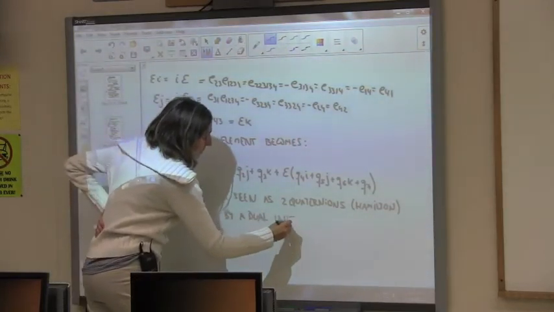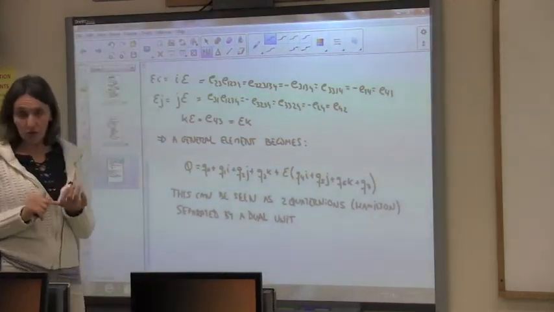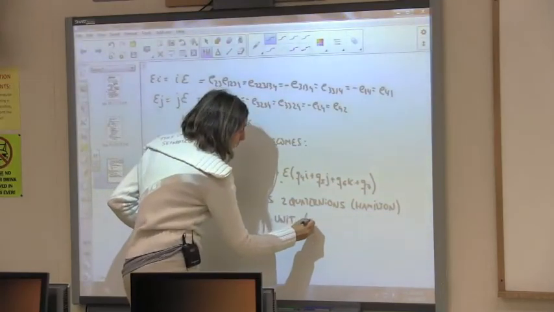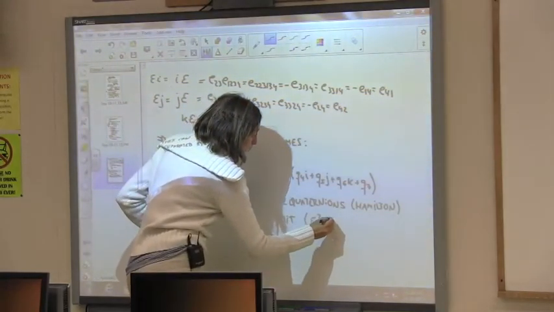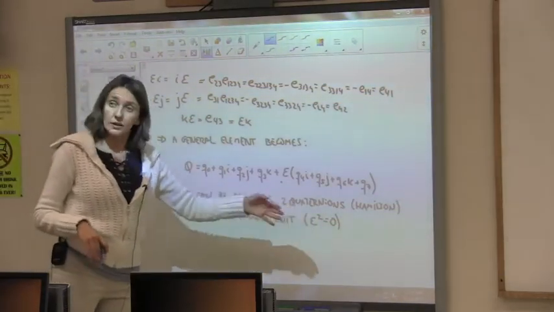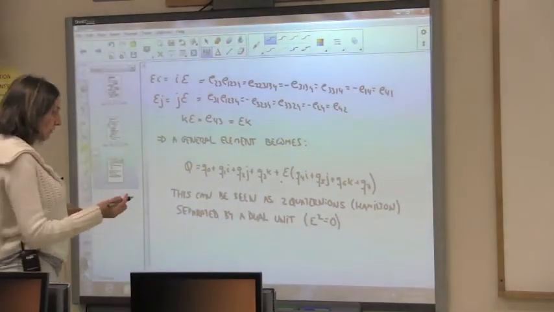Remember the dual unit that we saw in the line geometry, epsilon squared to 0, is the same as this one. So two quaternions separated by a dual unit, that's what we call a dual quaternion.